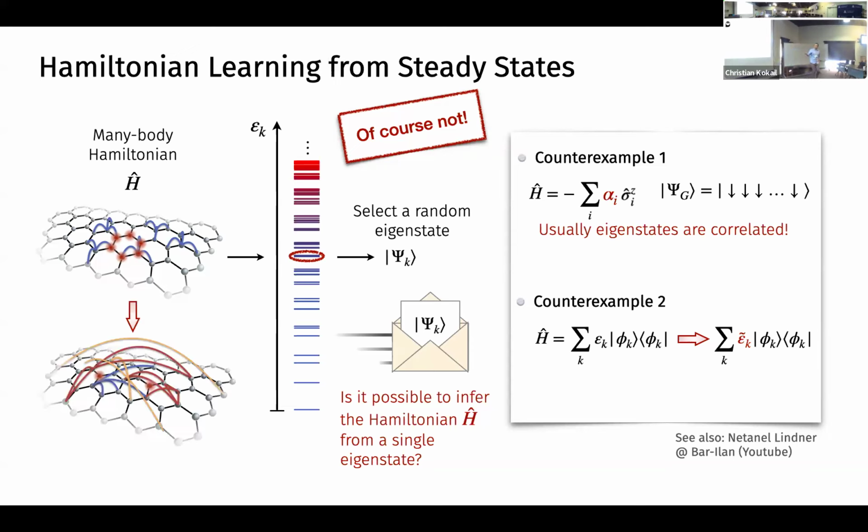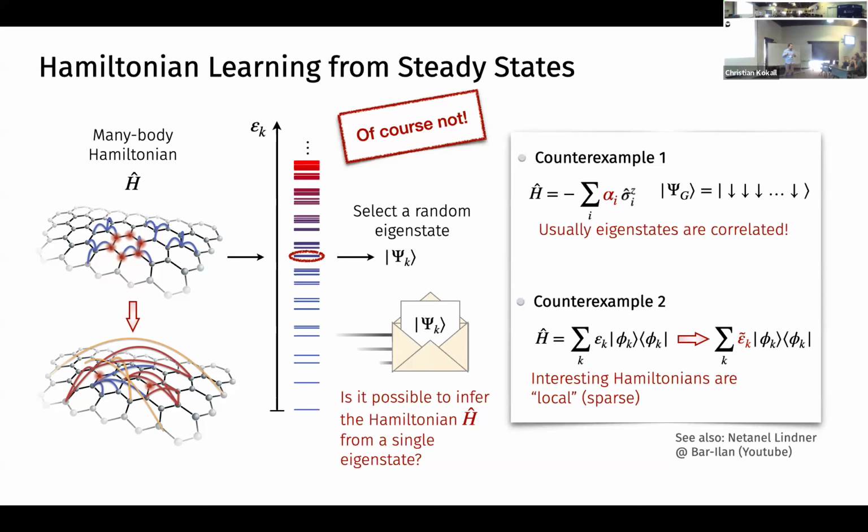But it turns out when you do this, your Hamiltonian becomes extremely non-local. And projectors are very non-local operators. But all Hamiltonians that we are used to in many-body physics are local, like think about Hubbard models and so on. They have geometrically local interactions. So this is also not a very interesting counterexample.